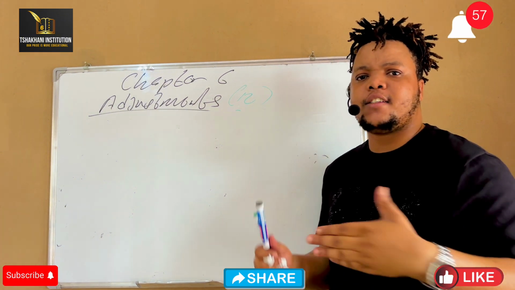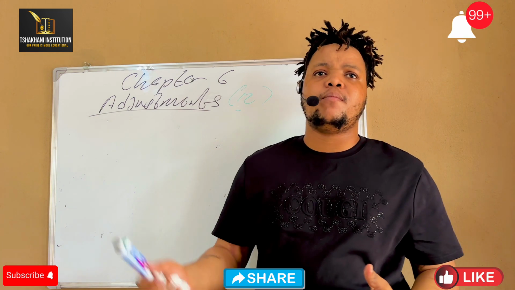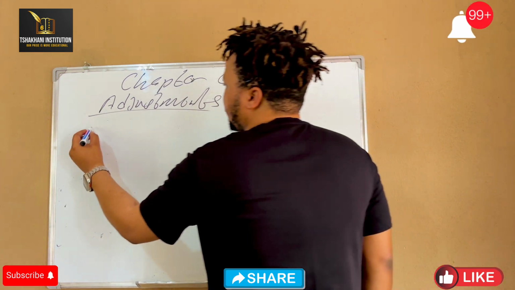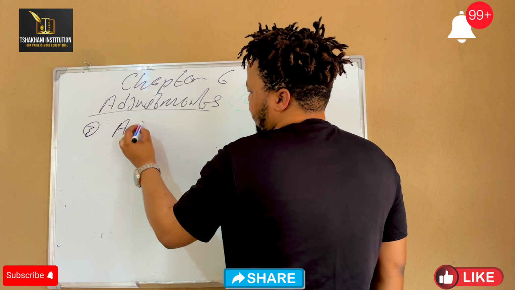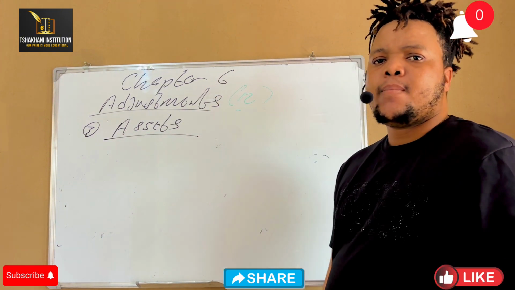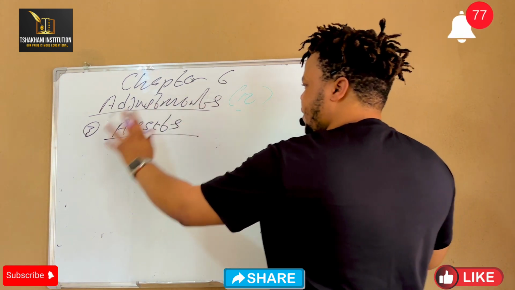And then after that, if the adjustments are not about incomes and expenses, what are we going to expect? Number 3, you must expect adjustments about assets. Are we all together?